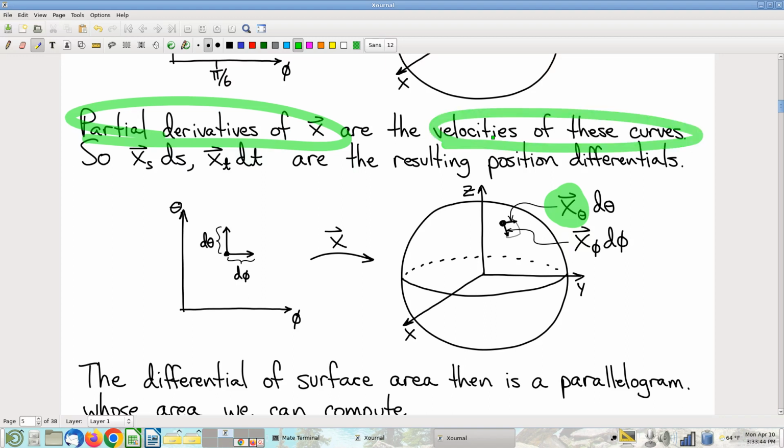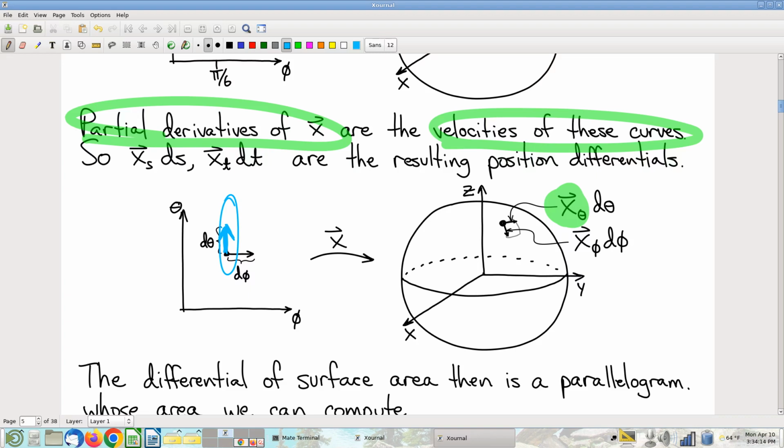That's the velocity of the parameterization as you move in the theta direction, you might say. And one nice thing about velocities is that if you multiply a velocity times an input change, think kind of dt here, this is the input differential of the one parameter that we have, effectively the time parameter for our theta coordinate curve.